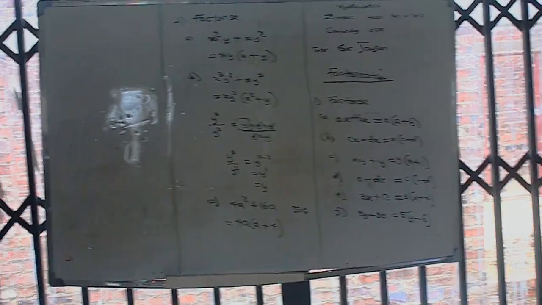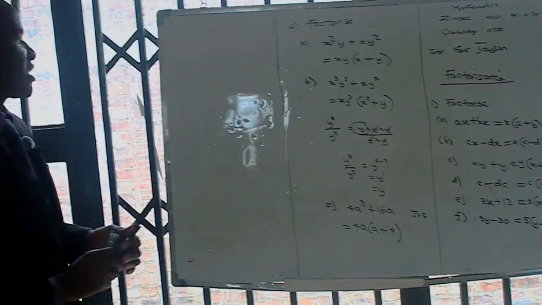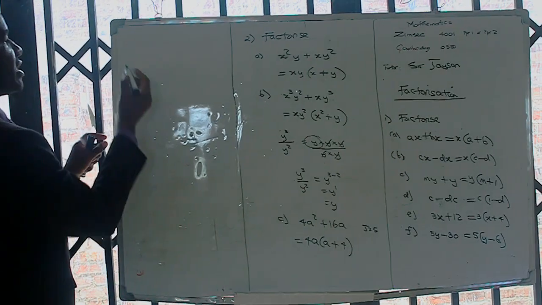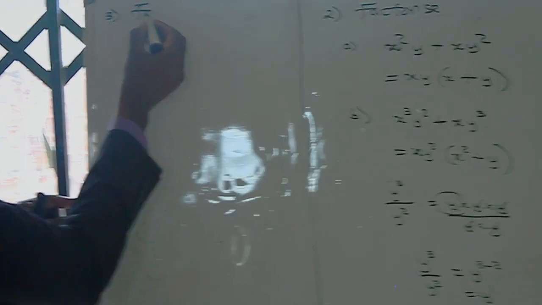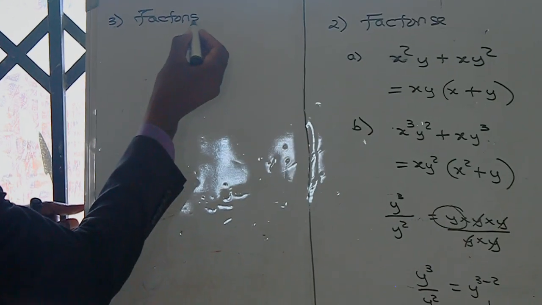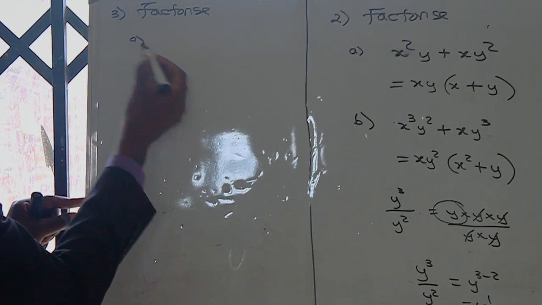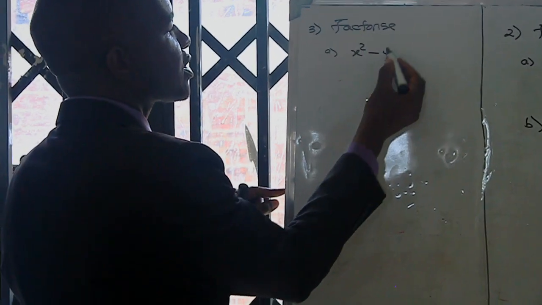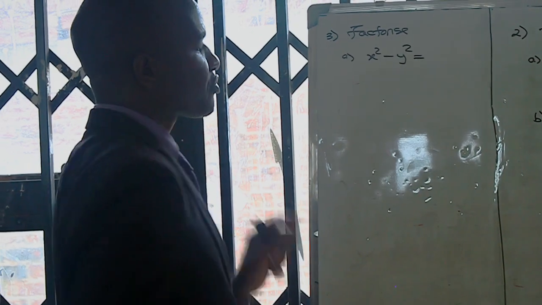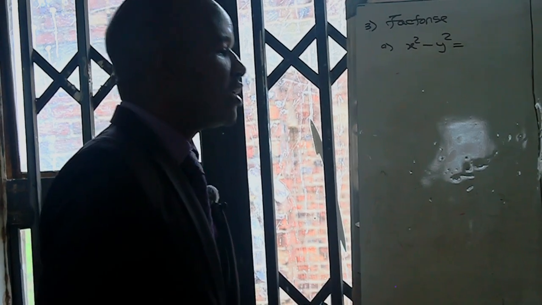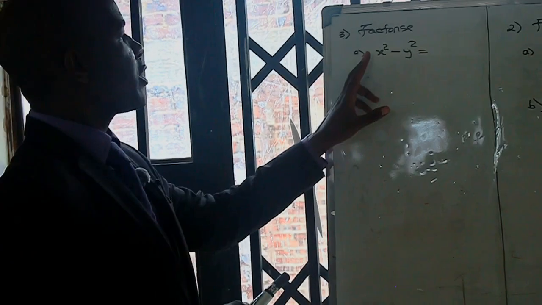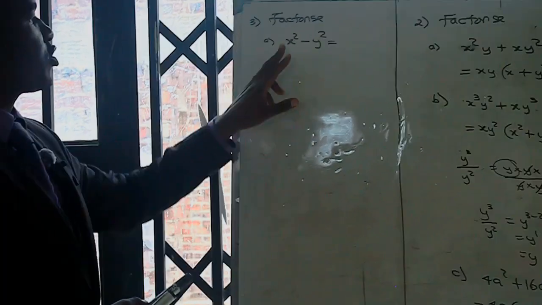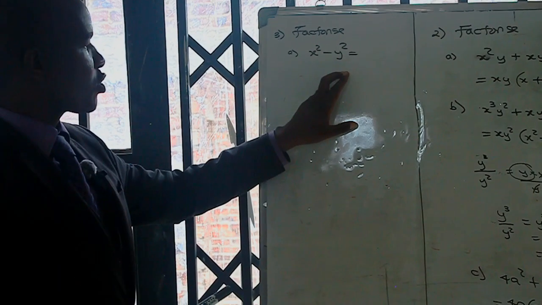Now, before we look at the other factorization, which we are going to look at in number 3, which says factorize. Now, let's say we have x squared minus y squared. We look for a common letter here and on this one. X is here, but we don't have x there.